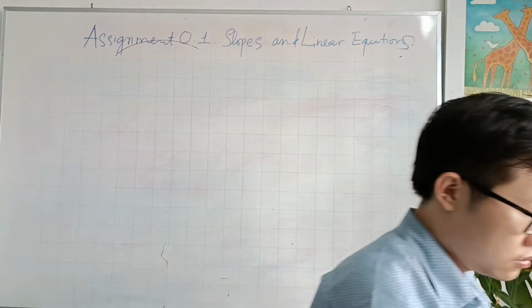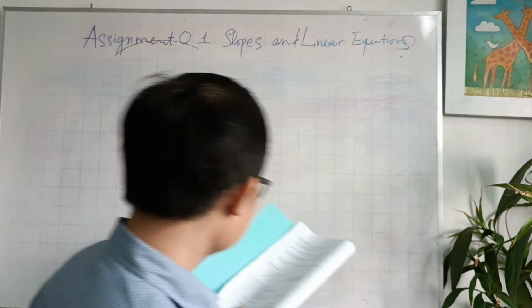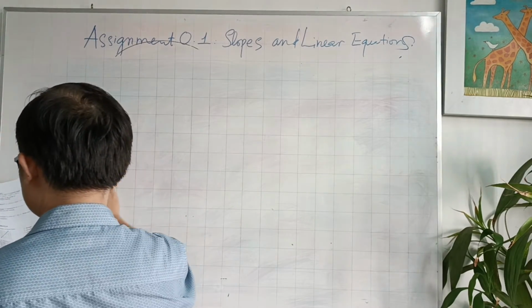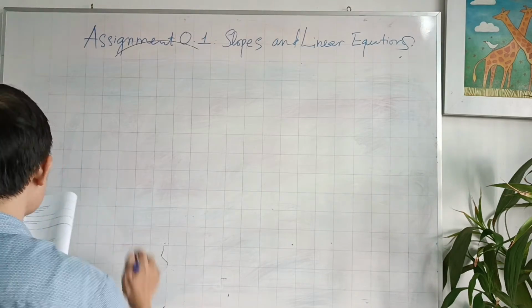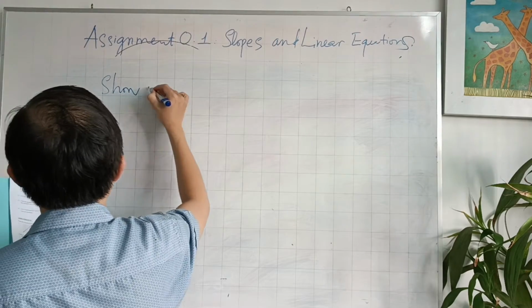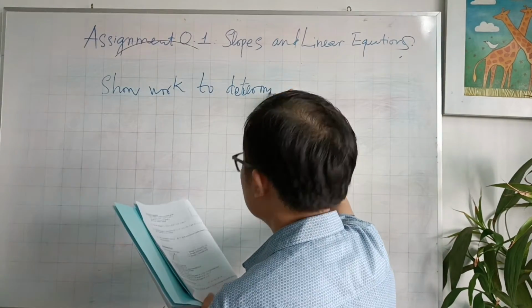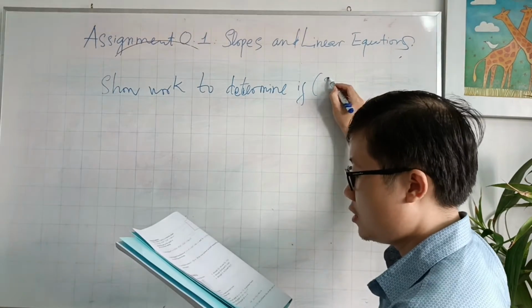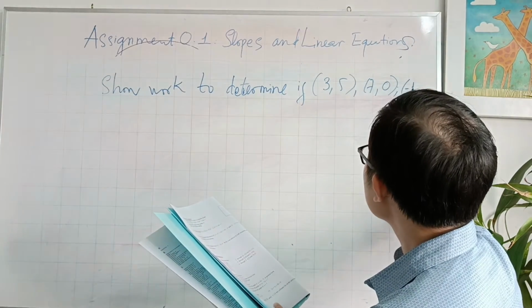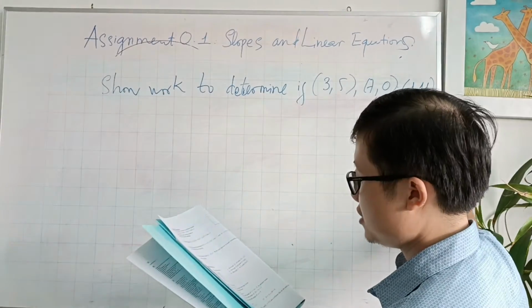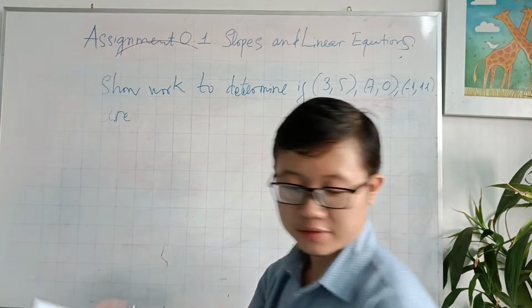Okay, I write my question. Show work to determine if (3, 5), (7, 0) and (negative 1, 11) are collinear.